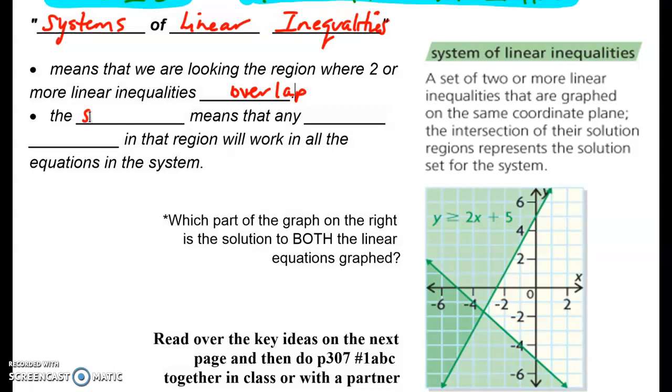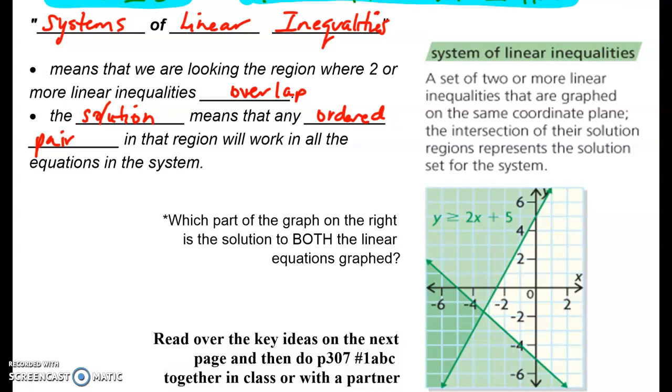That is, the solution means that any ordered pair, or the coordinates, in that region, in the overlapping part, will satisfy or will make all the inequalities in the system true.